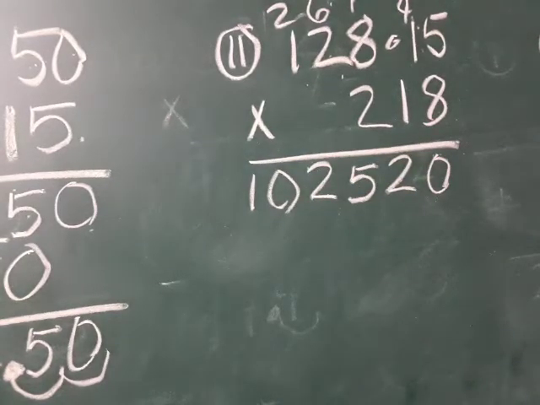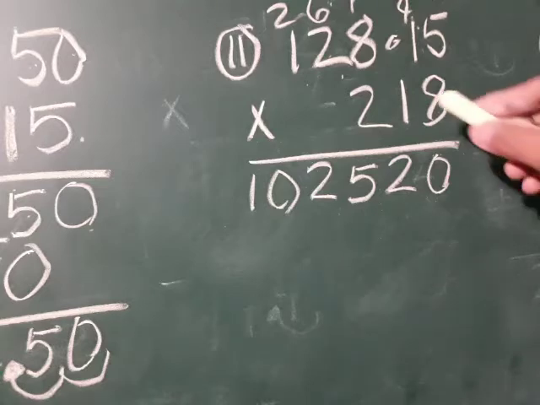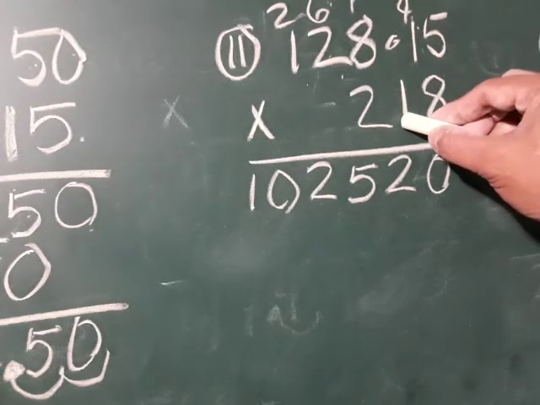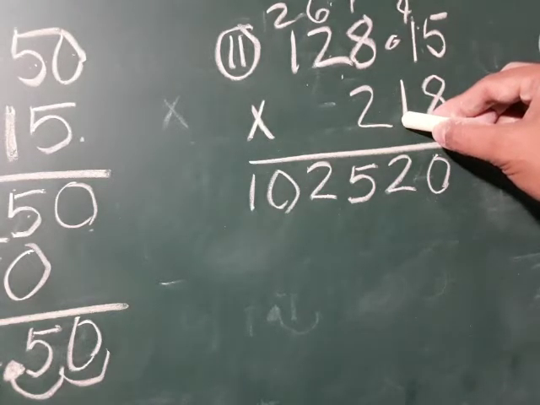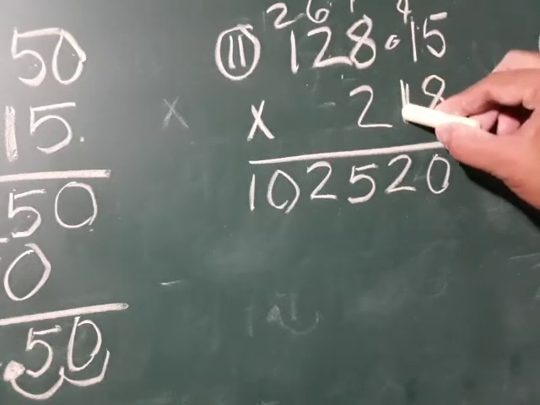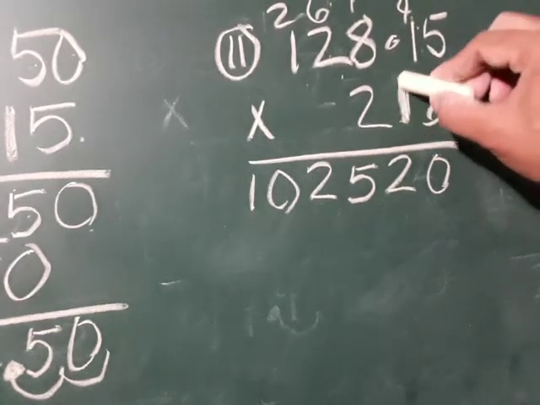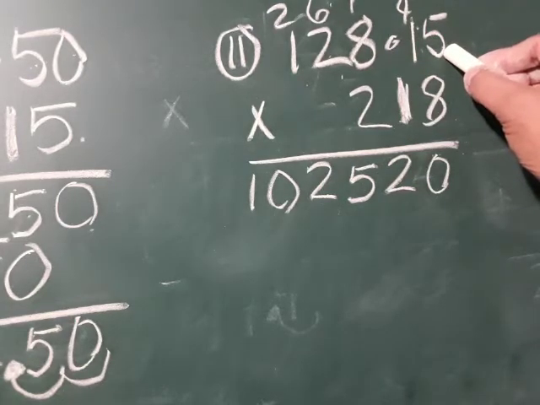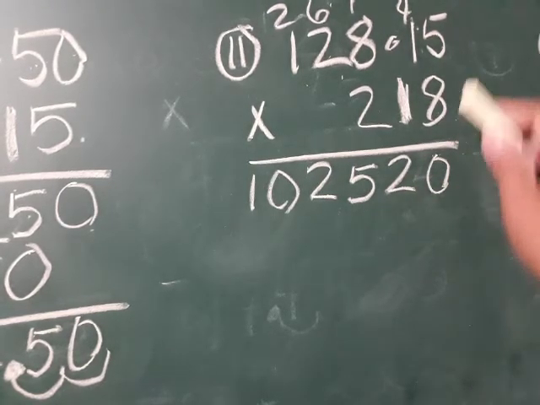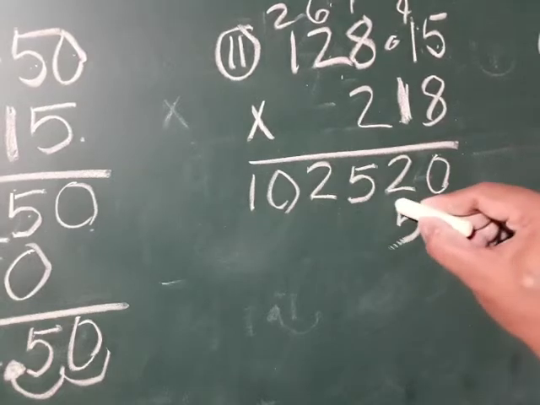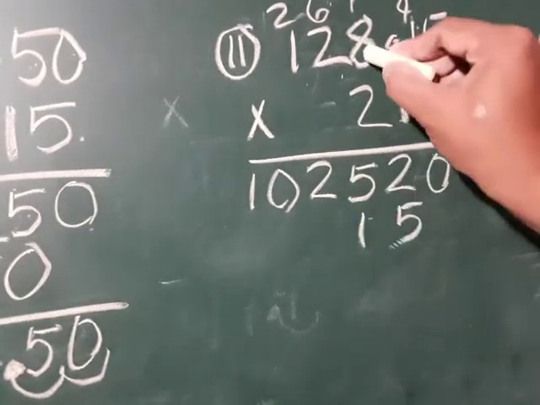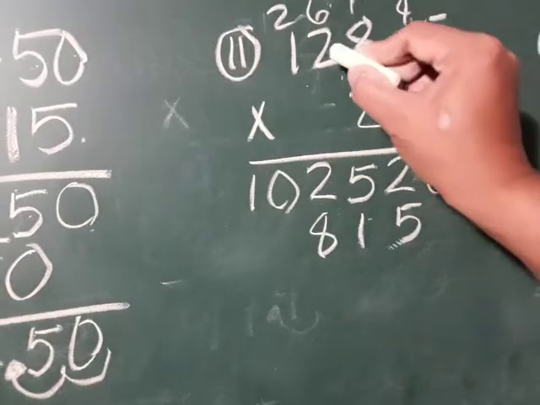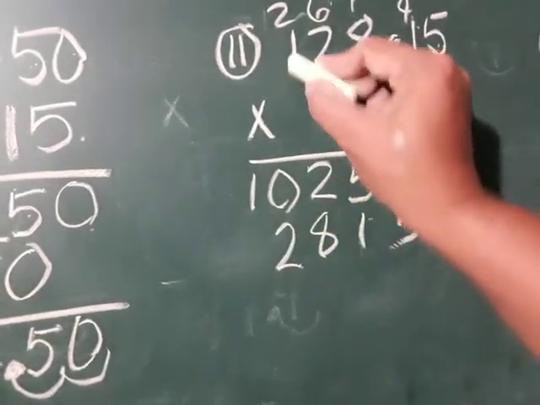Next we have, as I had mentioned a while ago, this is 1. So if your multiplier is 1, just copy all the numbers on the top. But you need to leave 1 space here. So 5, 1, 8, 2, and 1.